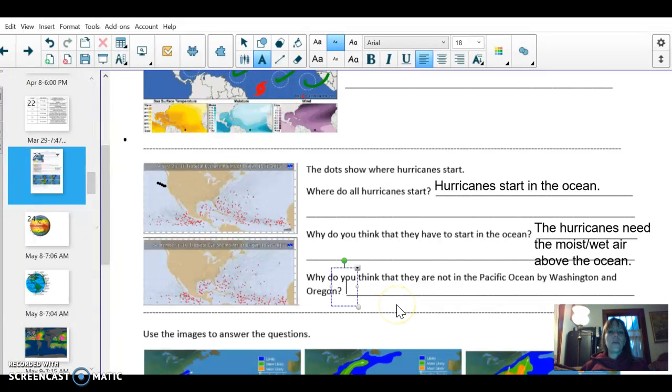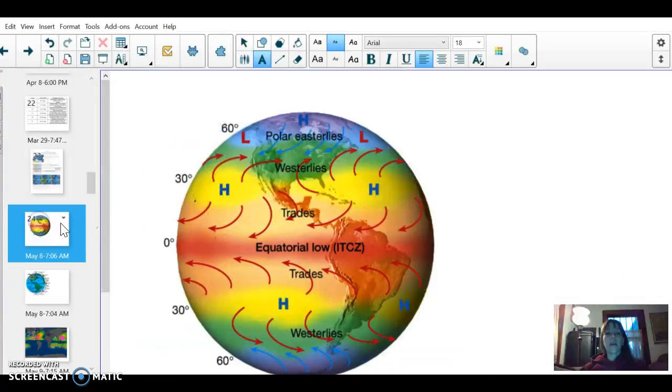Okay. If you said something about the ocean water is not as warm, you are accurate. So remember that the equator is going to be down here. And so when we look about this area here, it's far enough from the equator that we're not going to have many hurricanes form. So here's the equator, okay?